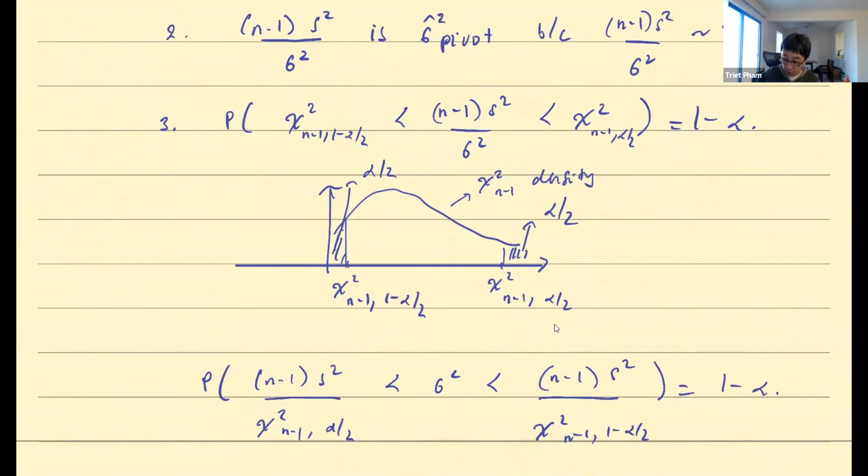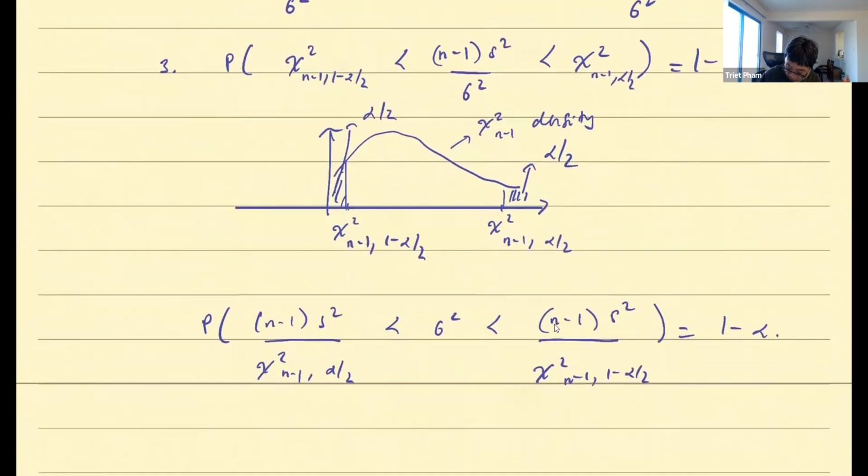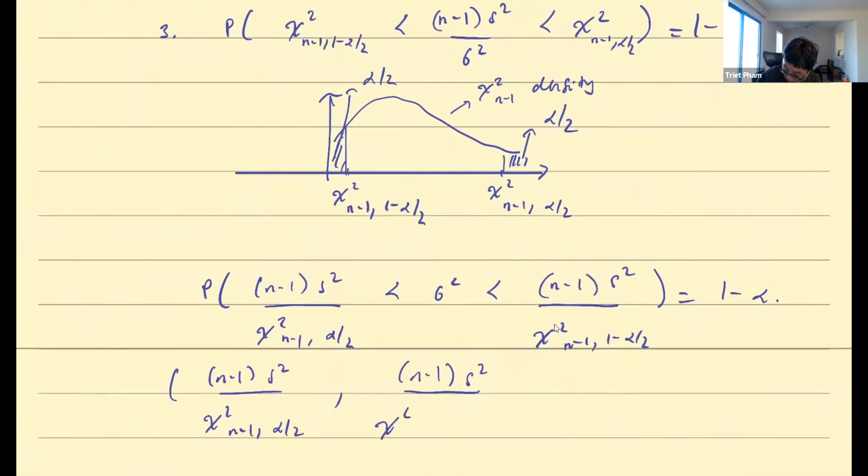Therefore, a confidence interval for sigma square is this and this, right?